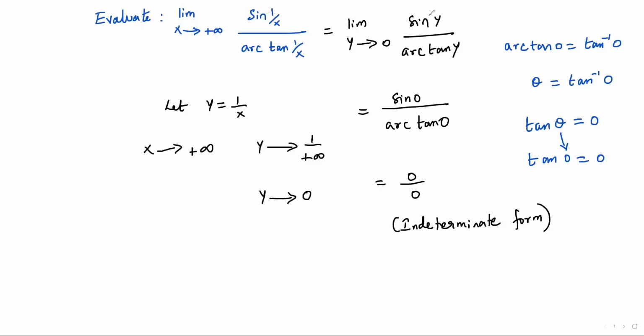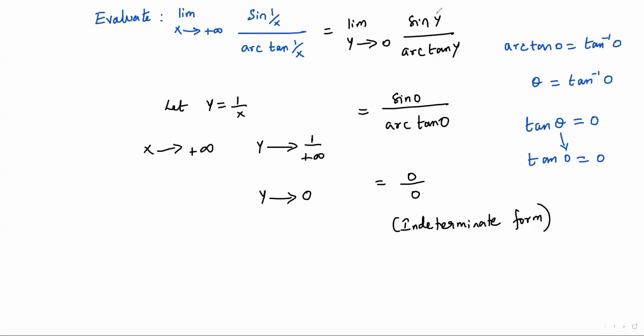Now let's use L'Hopital's rule. This is the step where I'm going to use L'Hopital's rule. L'Hopital's rule means we have to find the derivative of the numerator and denominator with respect to the variable for which we have the limit. Here we have the limit for the variable y. So now I have to find the derivative of the numerator and denominator separately with respect to the variable y.